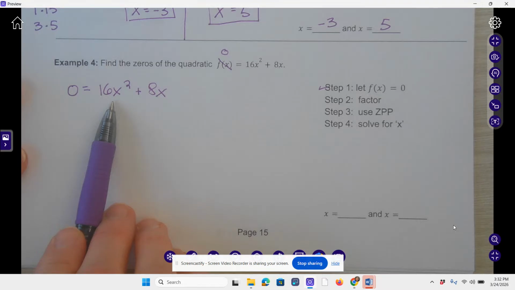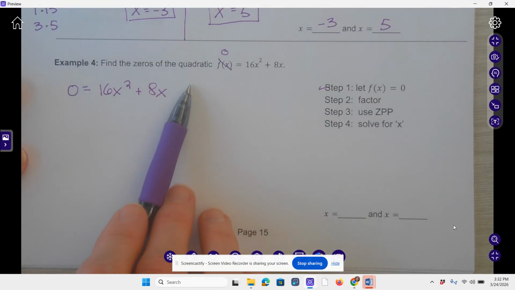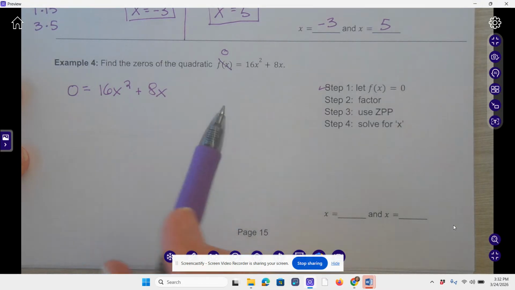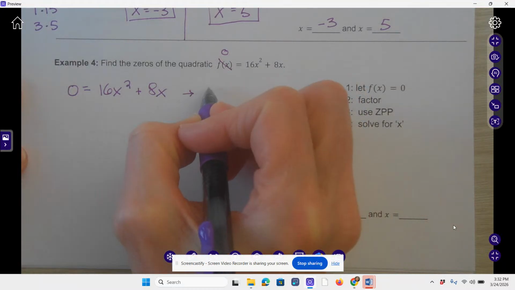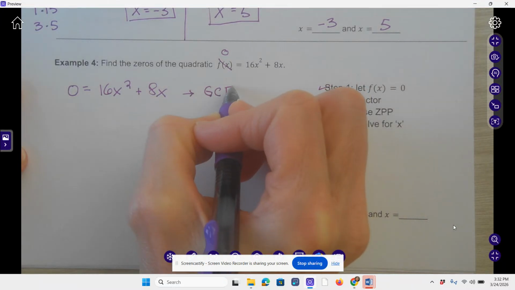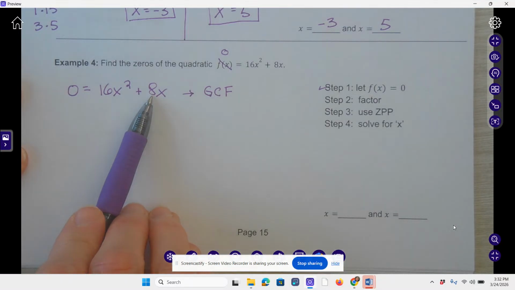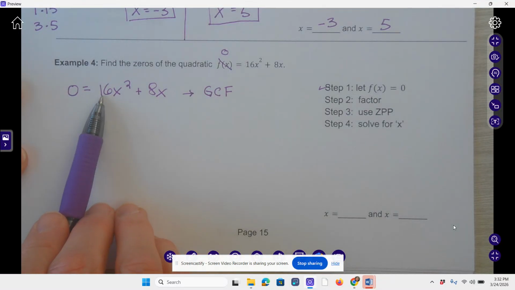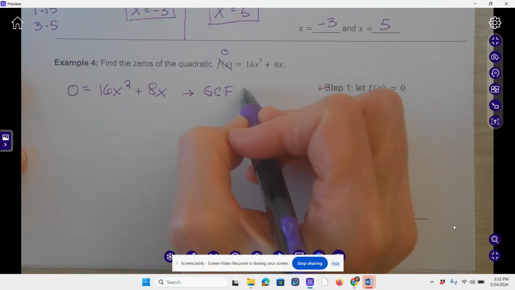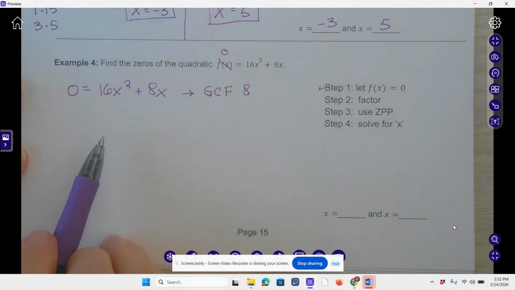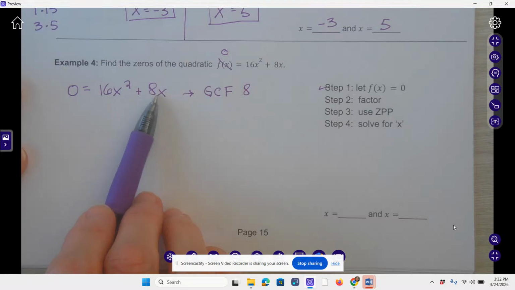So this has an x squared and an x. It doesn't have a constant hanging off the end. But what I notice right away is this has a GCF. I notice that 8 divides evenly into 8 and into 16. So it has a GCF of 8, and both terms have an x.